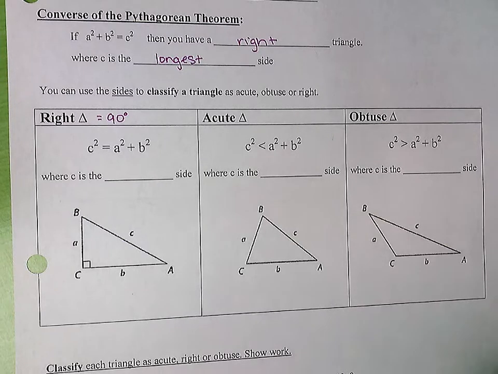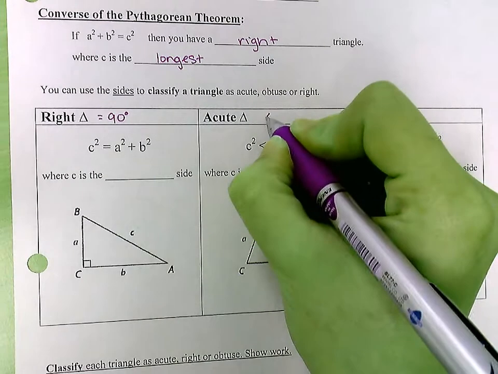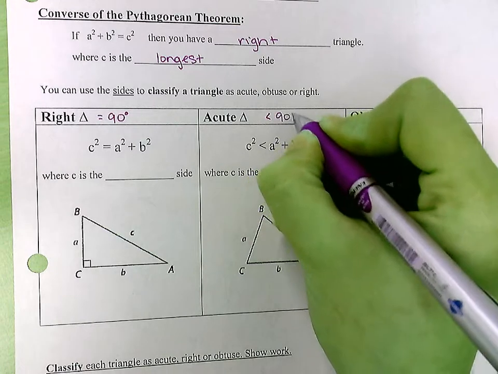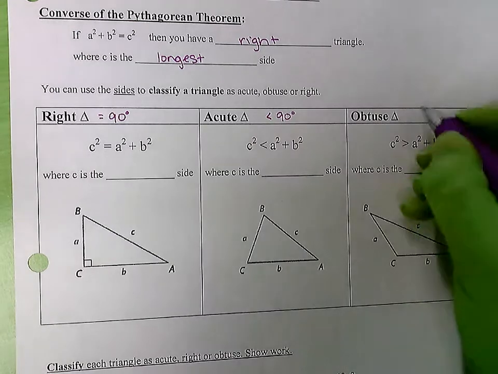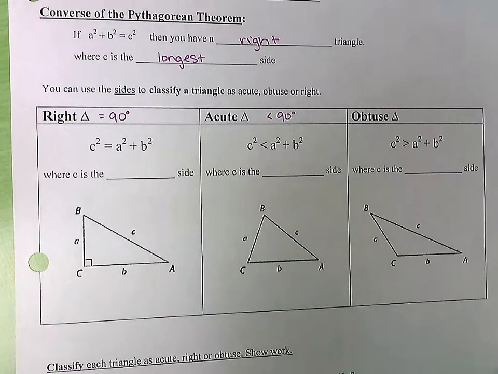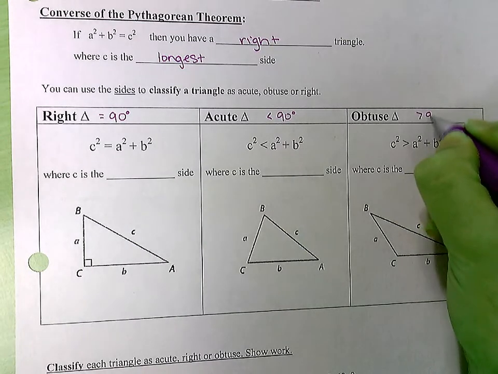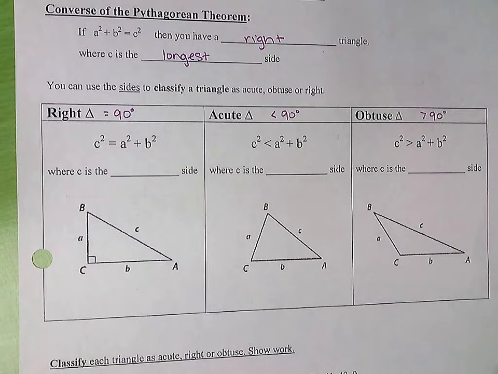In an acute triangle, all of your angles are less than 90 degrees. And in an obtuse triangle, one angle is greater than 90 degrees.